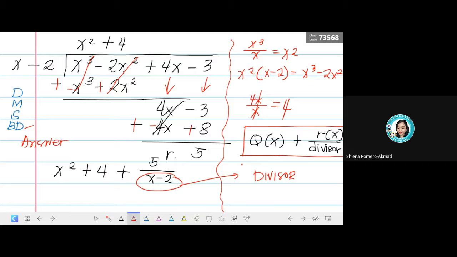So, ang kagandahan dito, meron tayong example na merong remainder. So the final answer here is x squared plus 4 plus the remainder 5 divided by x minus 2. So ito yung susundan natin kapag merong remainder.